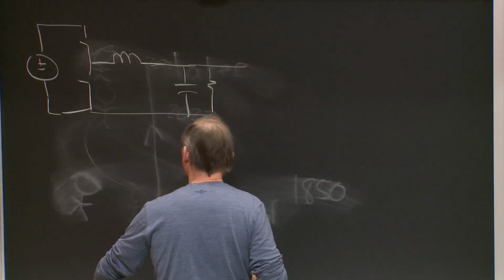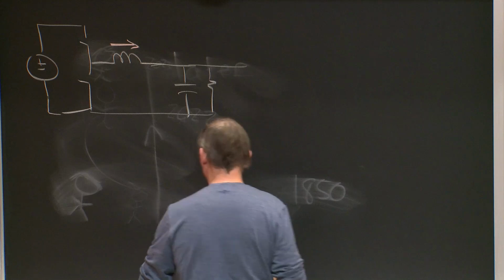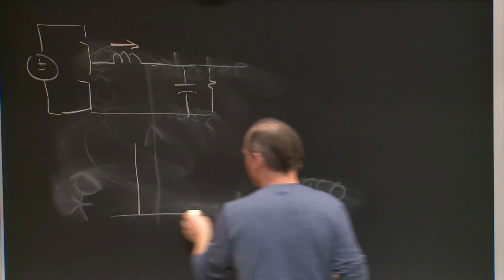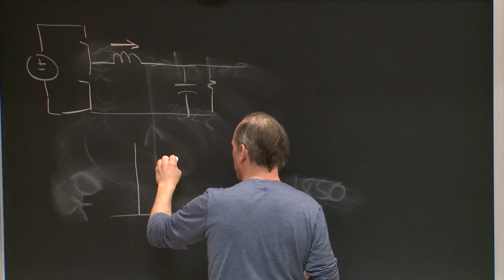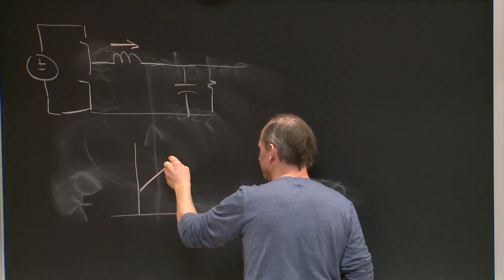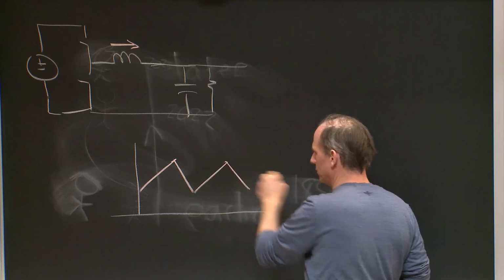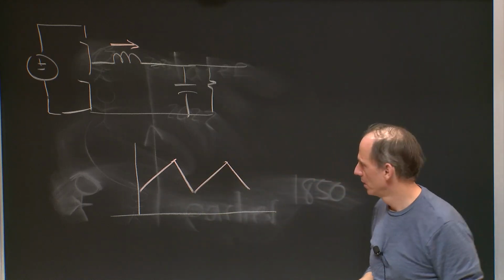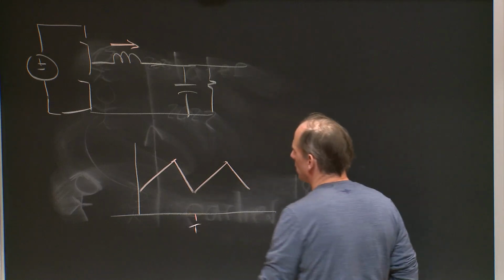This current here is a triangle wave, right? So maybe this current looks something like this. It's got some DC value, and it's got some ripple at the switching frequency.